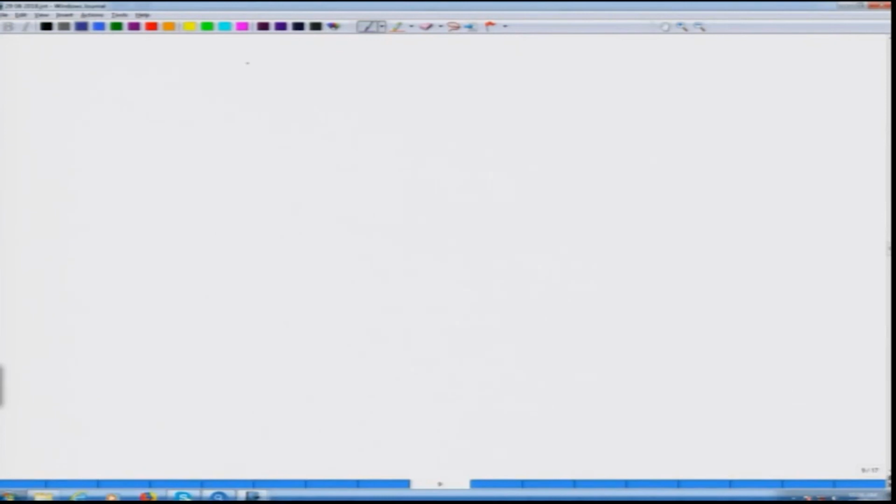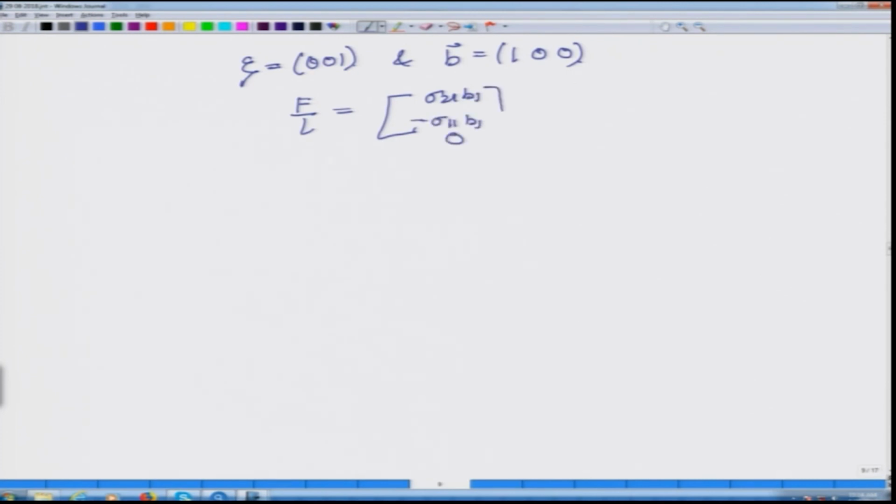Like I said, you take epsilon along 0 0 1, and therefore what you are left with is only these 2 terms, and we will say that the Burgers vector is equal to b1 0 0. Therefore, you would see that f by L is equal to sigma 21 b1, sigma 11 b1, and the z quantity is 0.